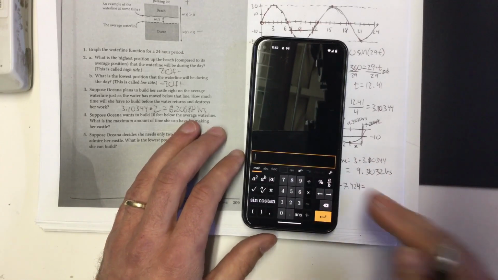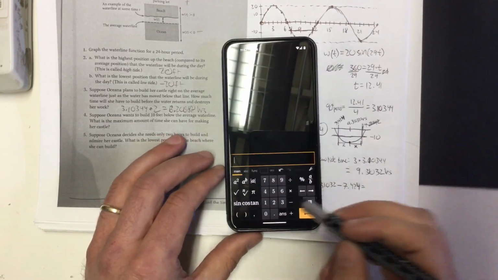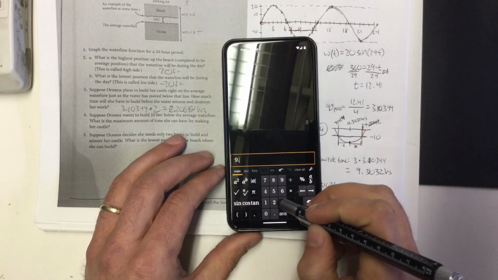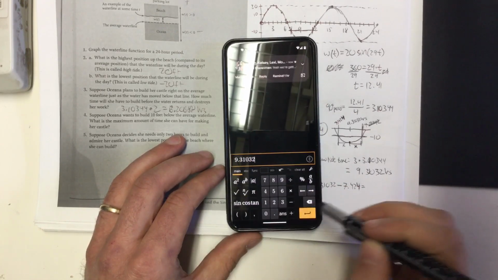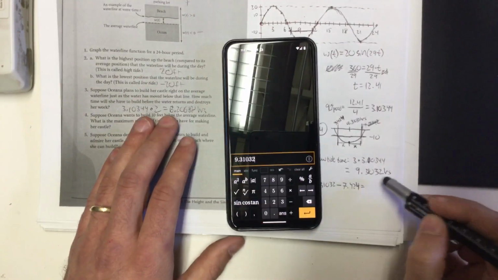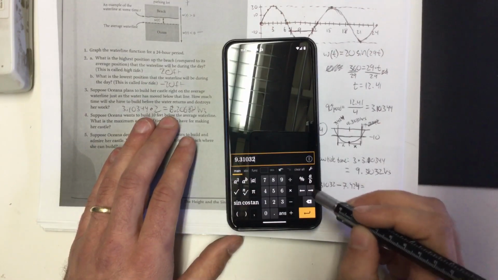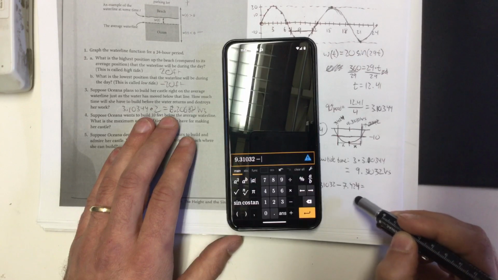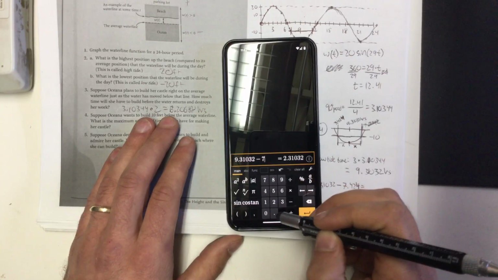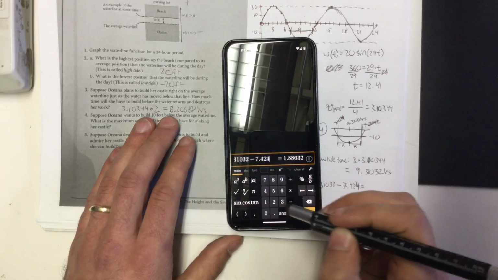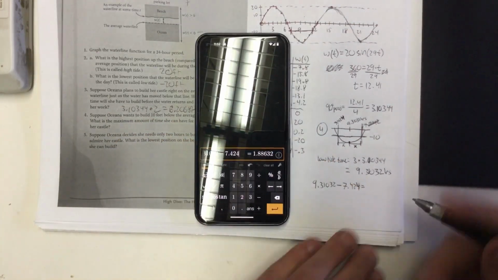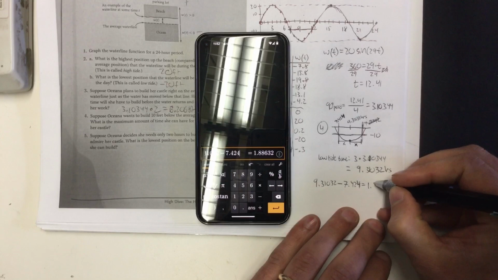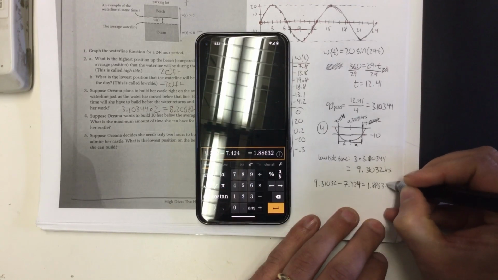Clear all. 9.31032 minus 7.424. And that is equal to 1.88632.